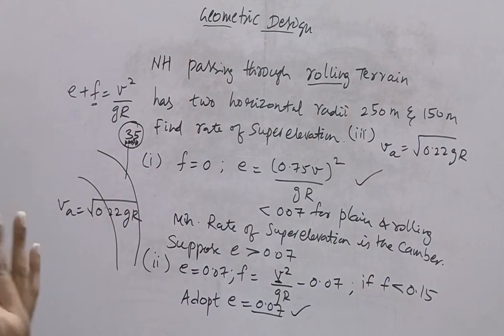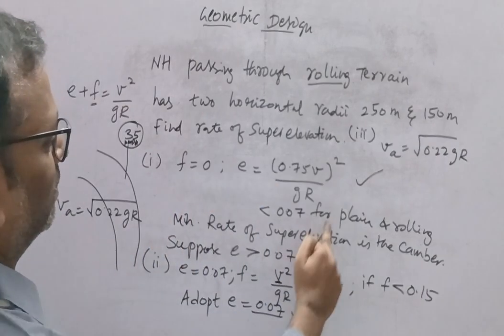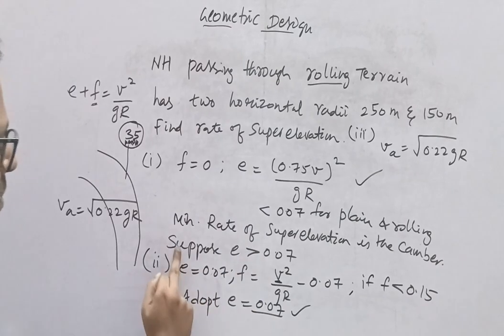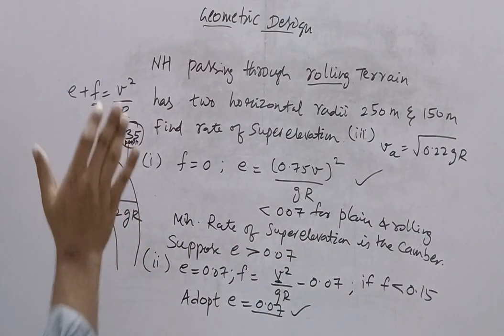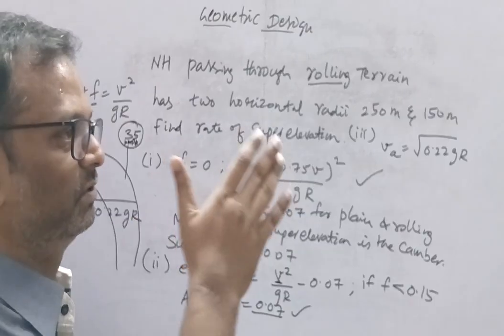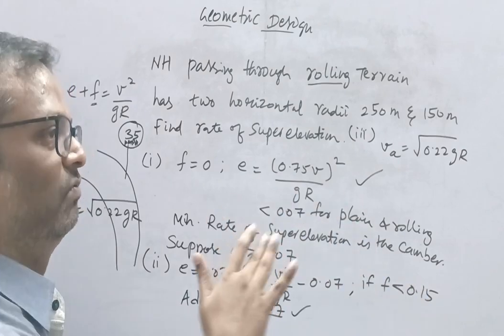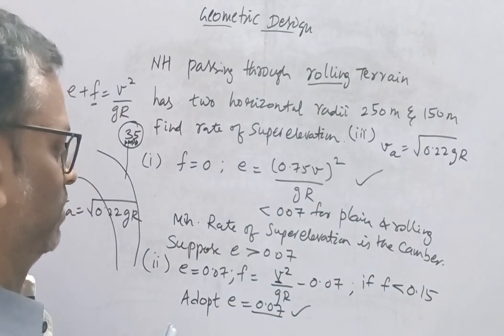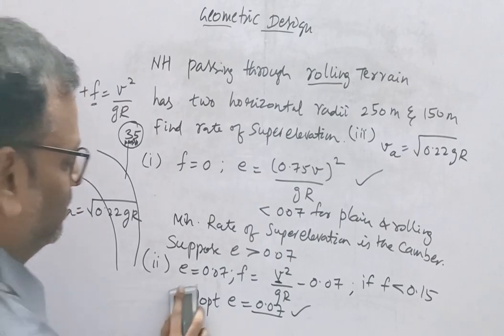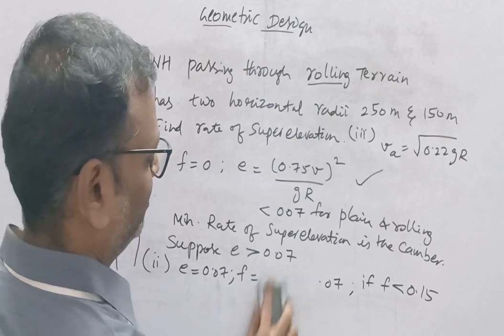So 3 points you have to remember: this one and this one, and minimum camber. The camber chart you have to remember, for high intensity of rainfall and low intensity of rainfall, what is the camber? Generally you may be asked about highways only. Highways means high type bituminous roads only.